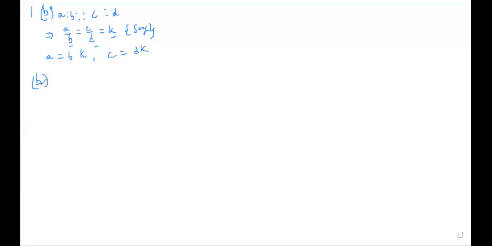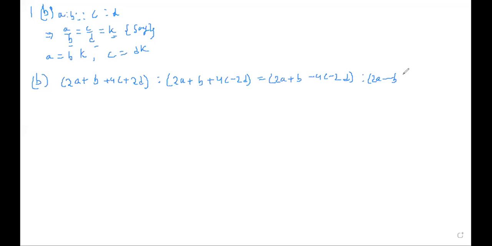And in question number B, we have to prove 2A plus B plus 4C plus 2D is to 2A plus B plus 4C minus 2D equals 2A plus B minus 4C minus 2D is to 2A minus B minus 4C plus 2D.